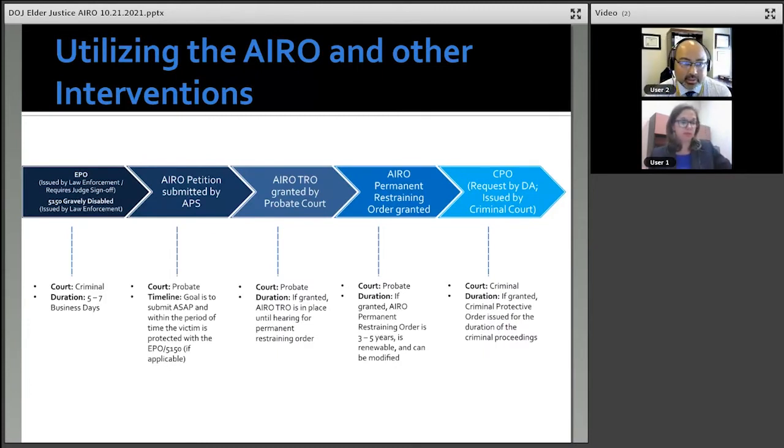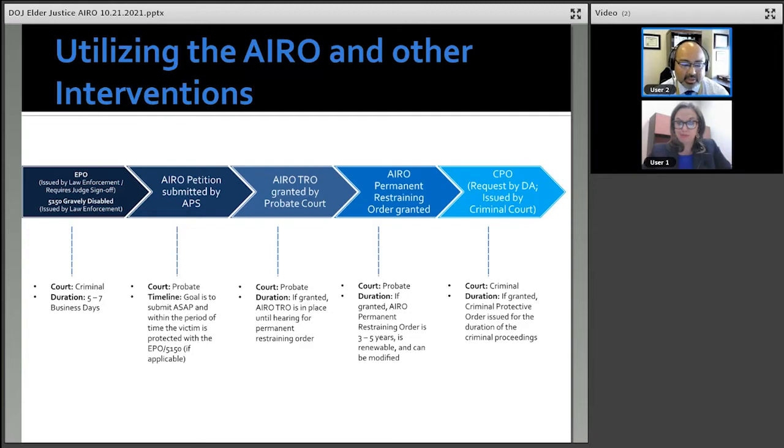So utilizing the AIRO and other interventions. What this chart shows is the types of protective orders that might come into place and their timing. And it's important to show that an AIRO can be a stopgap measure between your EPO and the CPO.